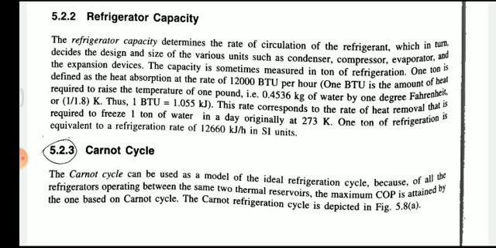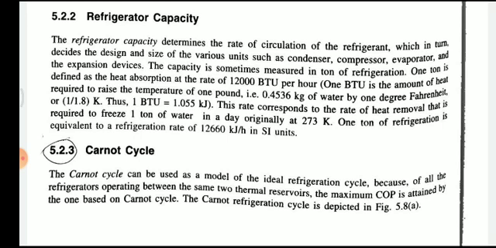That means 1 ton is defined as heat absorption at the rate of 12,000 BTU per hour.